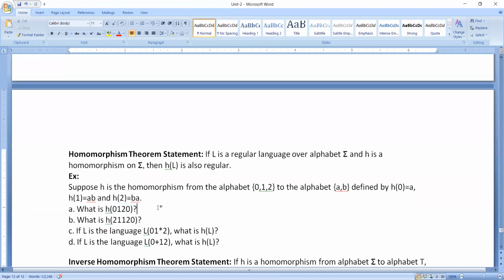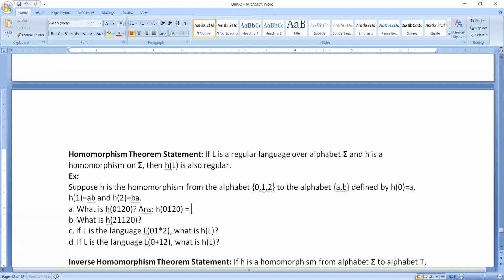I call it a string because 0, 1, 2, 0 is a sequence of input symbols, and we already discussed that a sequence of symbols is considered a string. So what is H of 0, 1, 2, 0?